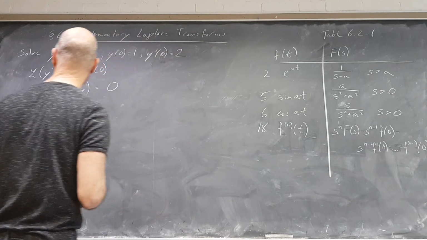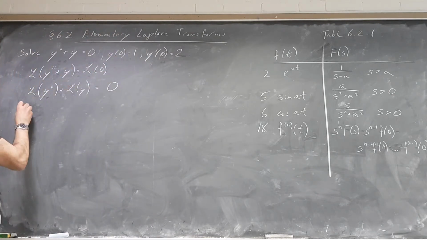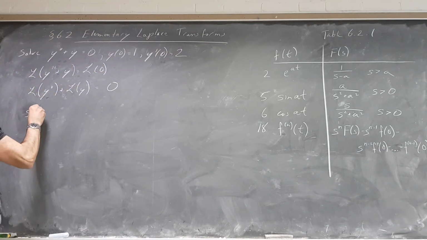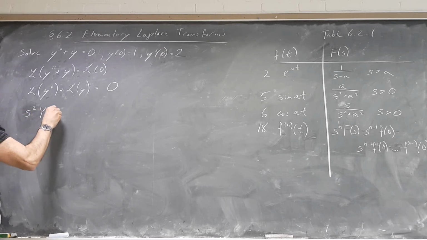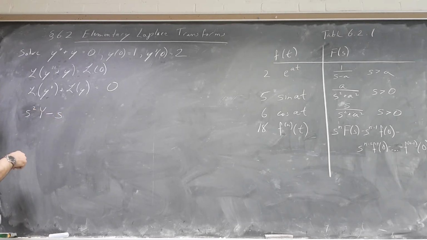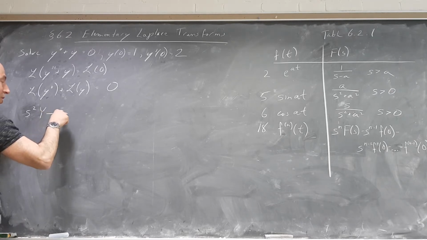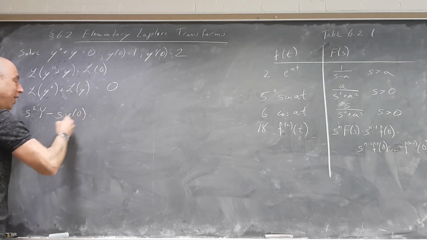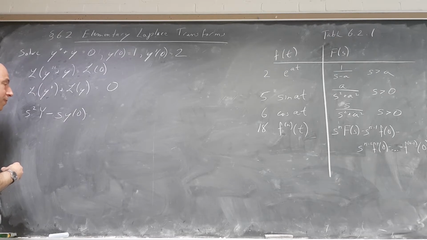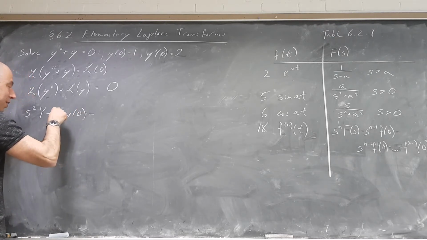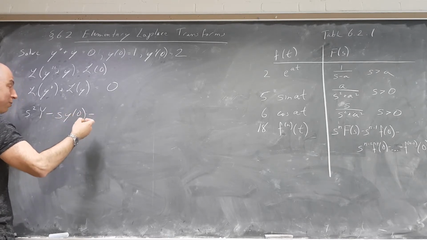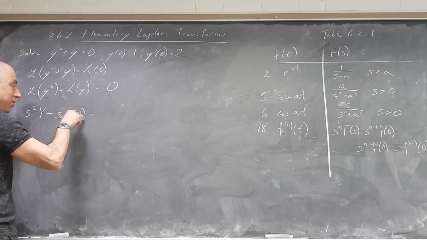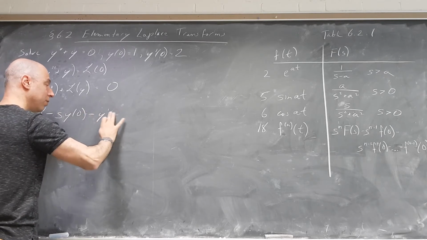We saw the Laplace transform of y double prime is s squared times the Laplace transform of y minus, now the s goes down in power by 1, so s squared, s to the 1, and we take lowercase y of 0, minus, now the power here goes down from 1 to 0, so s to the 0, we don't even write it, and the derivative goes up by 1, y prime of 0.